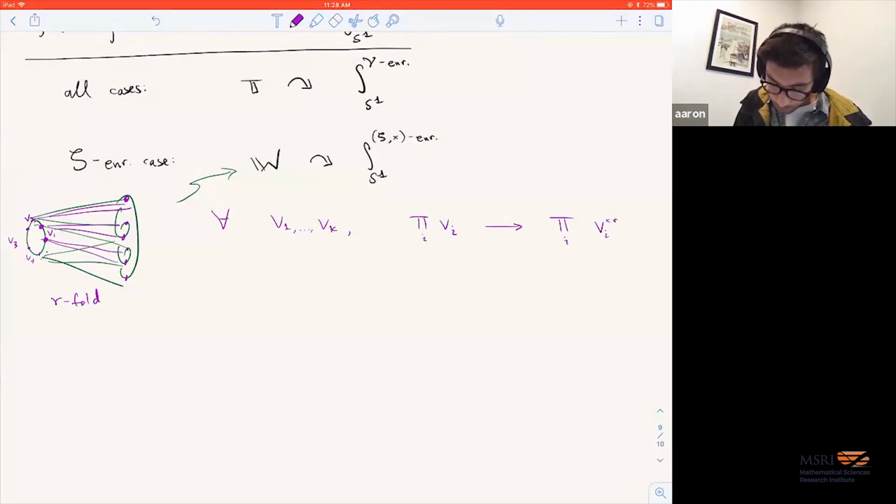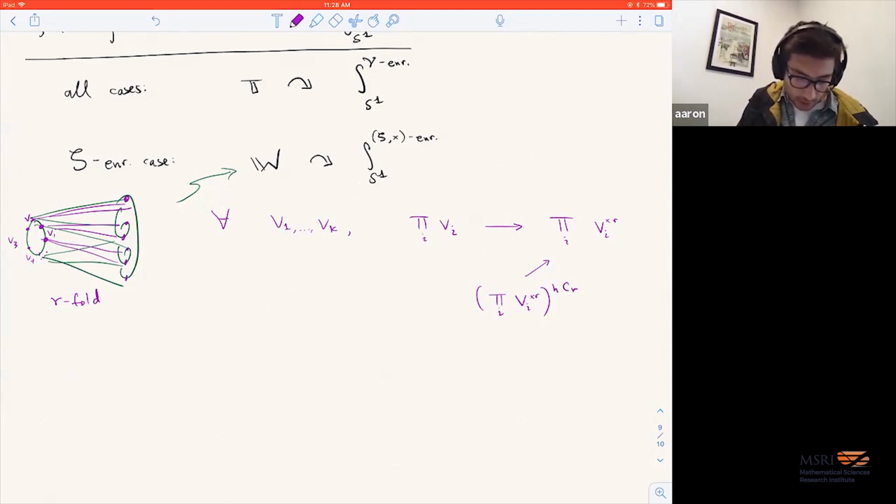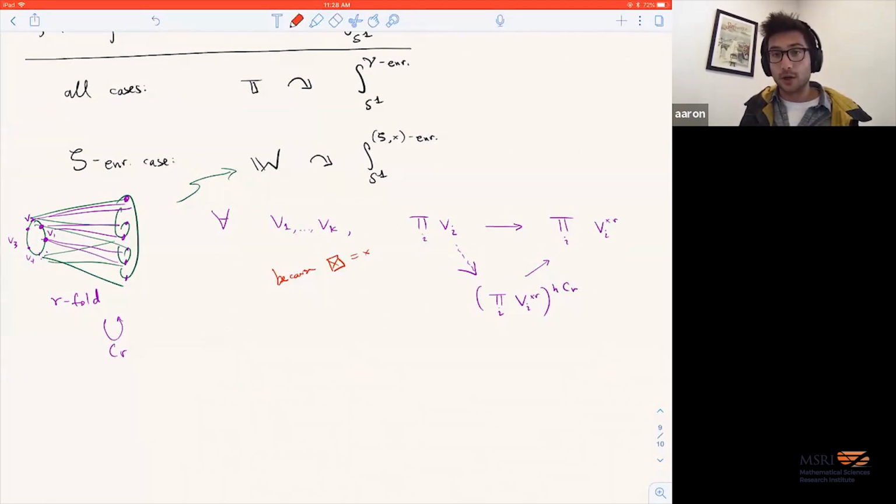And let me point out that that actually is equivariant for the CR action. Basically, CR is the deck group of this covering map. So there's a factorization. And this is specifically because the abstract tensor product is just the Cartesian product. That's why we have these diagonal maps.